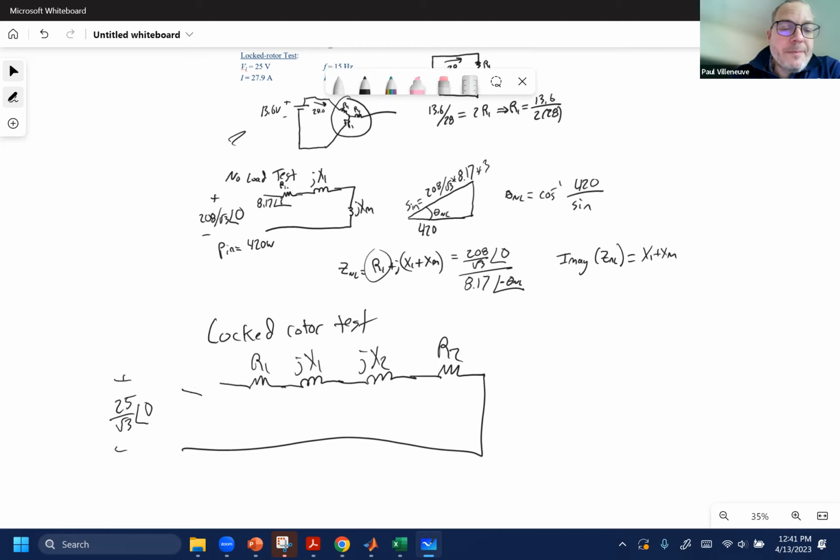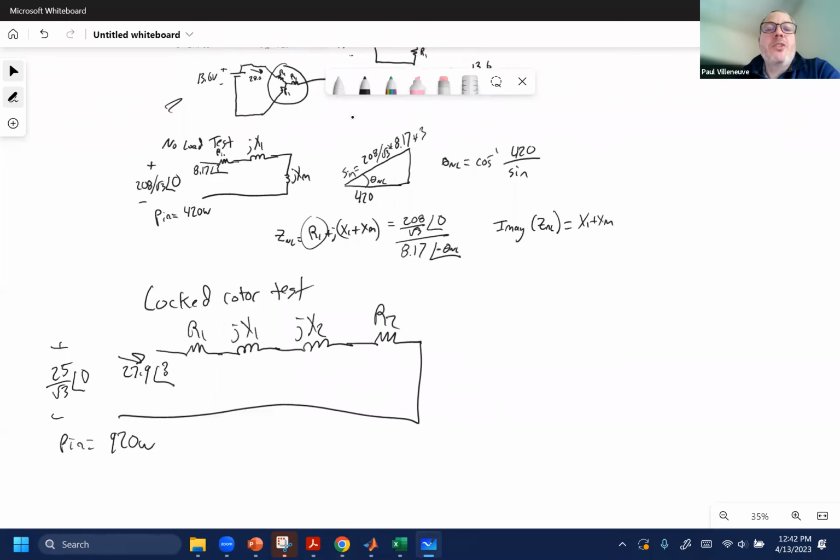My current is 27.9 at an angle of question mark, just like we had before. My input power is going to be equal to 920 watts. So I had to do a power triangle before. I have to do one here as well, because I need to get that angle with the current. This is the only way I can get that angle.